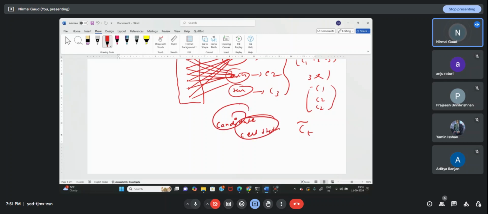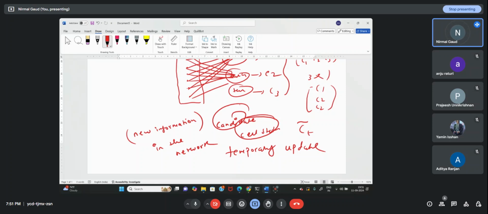Candidate cell state means temporary. Candidate means temporary update. That means I want to add new information. I added new information in the network, but right now it is temporary.